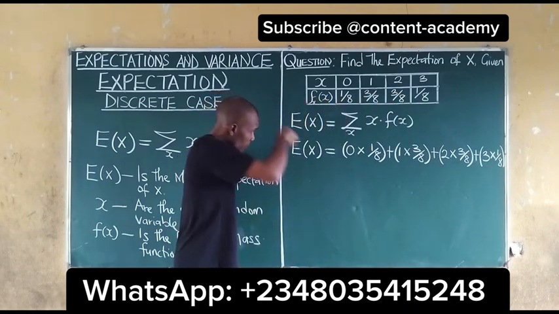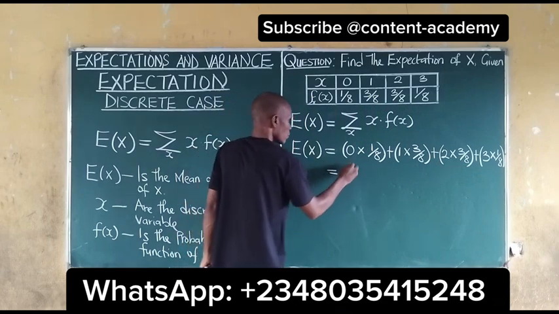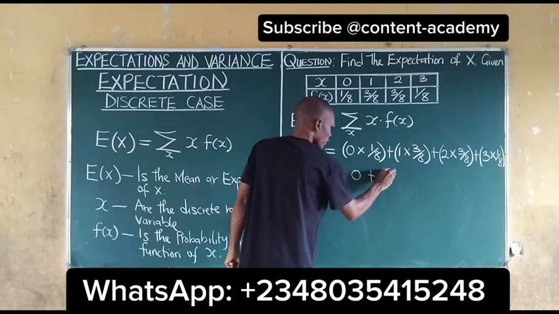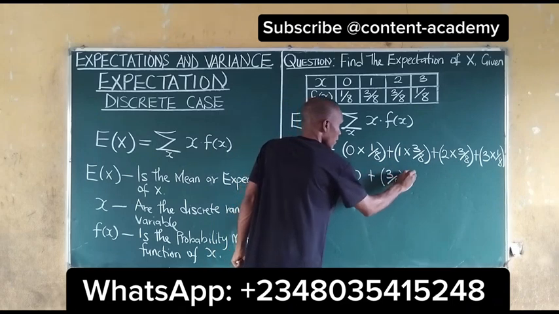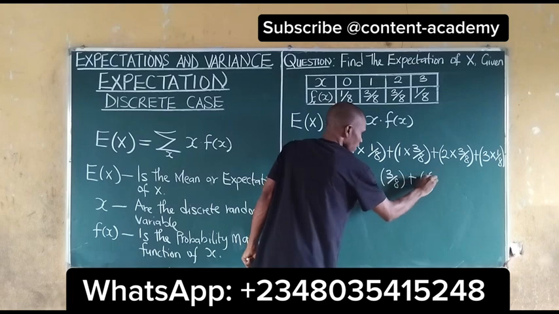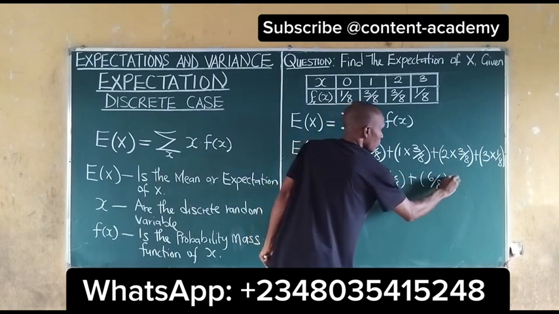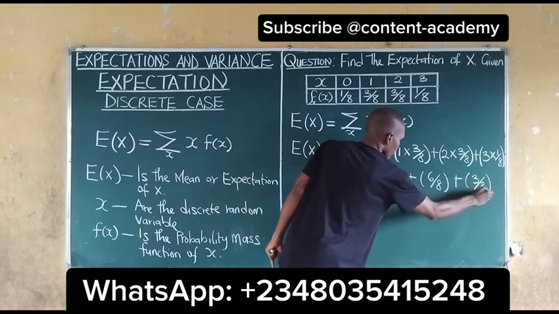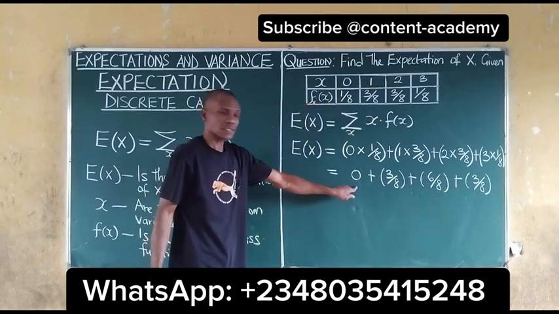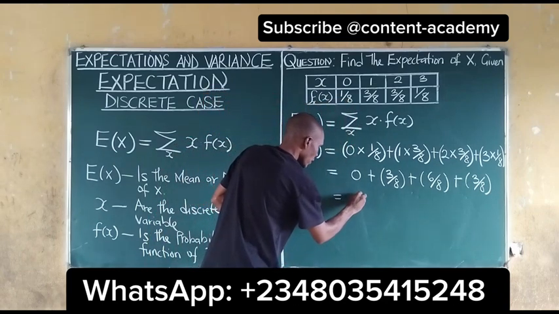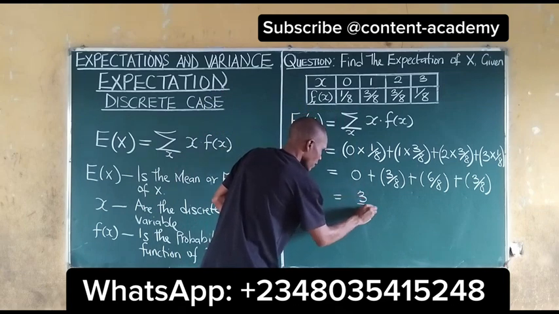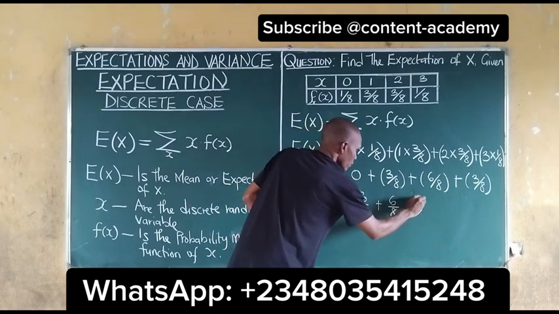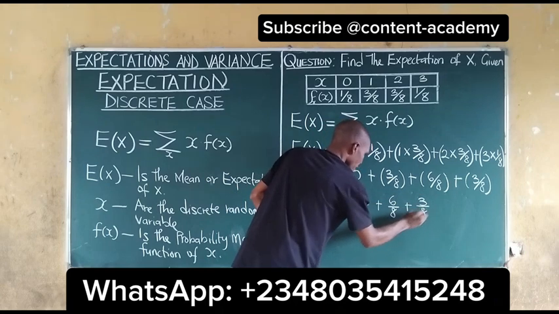So this is what we got, which is also equal to, the whole of this will give us 0 plus 3 all over 8 plus 6 all over 8 plus 3 all over 8. So we can still write it this way: 3 all over 8 plus 6 all over 8 plus 3 all over 8.